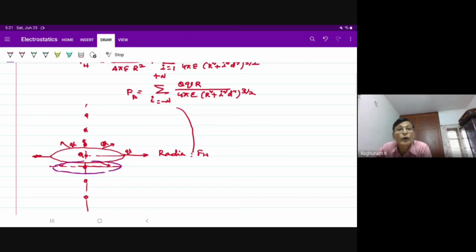Can we calculate the total force using the same formula? Please respond. No. What is that I have to do?